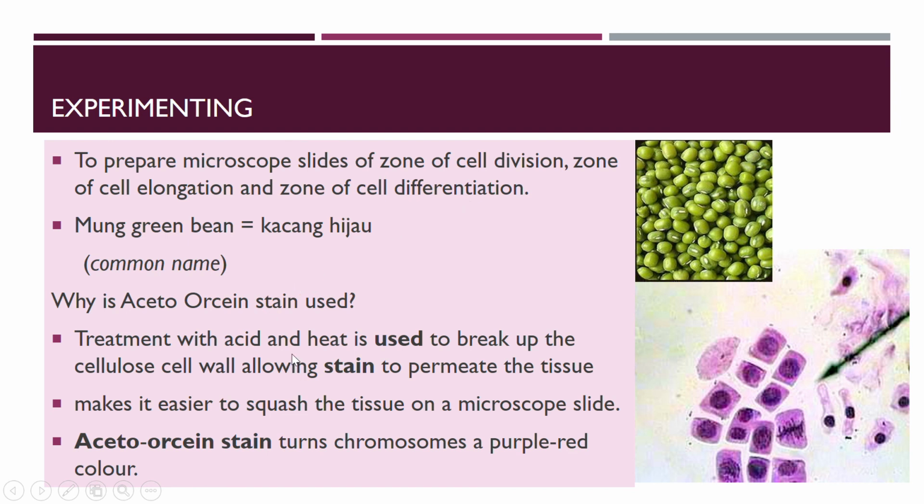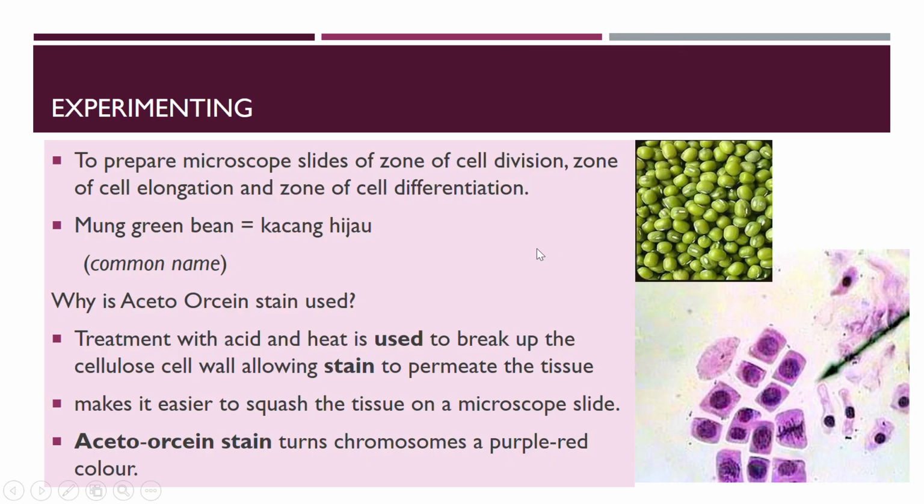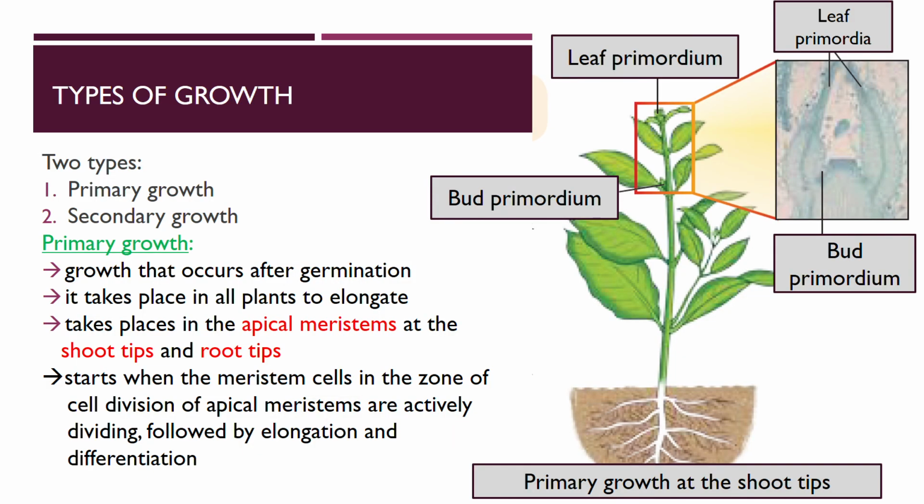Okay, so you'll be using this stain, acetocarmine stain, purple itu, to enable you to see the different stages of this zone. Okay, we see lah. Nanti habis PKP kita boleh buat eksperimen ini, ataupun kita buat observation melalui mikroskop sahaja. Okay, boleh?